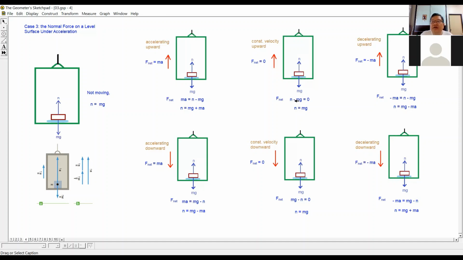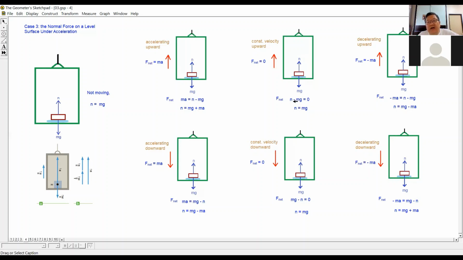So the normal reaction minus the mg is supposed to be the net force, because they are moving upwards. Same thing as the first case: because it's moving upward, I use the normal force minus the mg equals the net force. So here, the normal force minus the mg equals the net force.